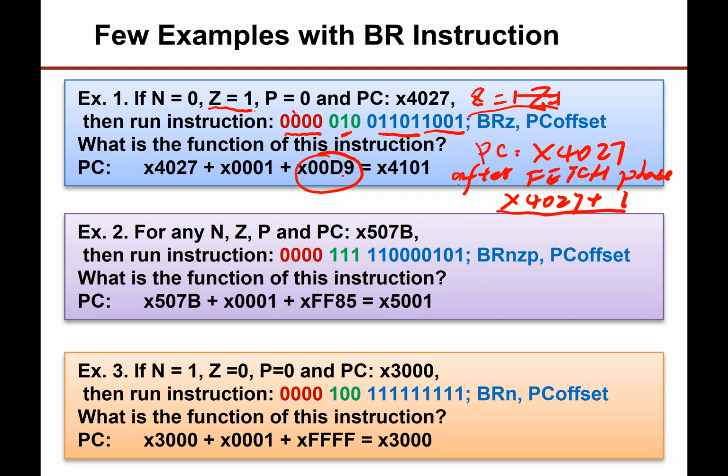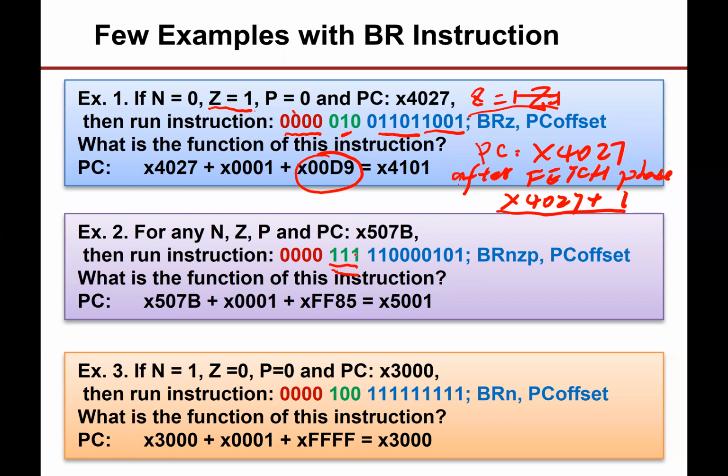So for the second one here, the instruction is 00 and 111. The lowercase NZPs are all set to 1. So this means this is an unconditional branch. It will go to a branch.